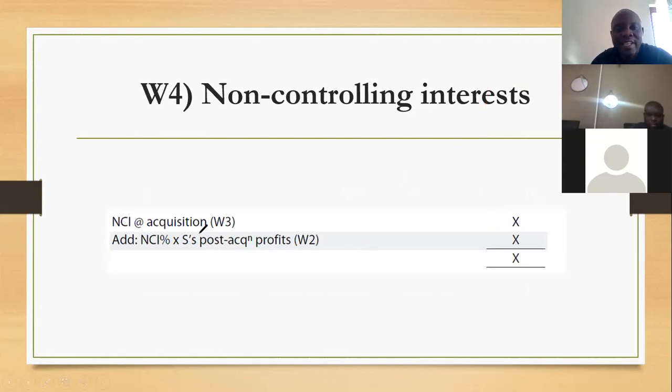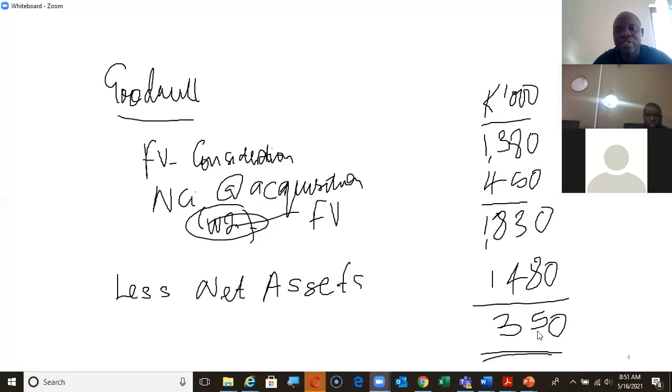So here from the NCI, like I said, you're picking from goodwill and also from working 2 under the post acquisition. We have to go to the whiteboard.